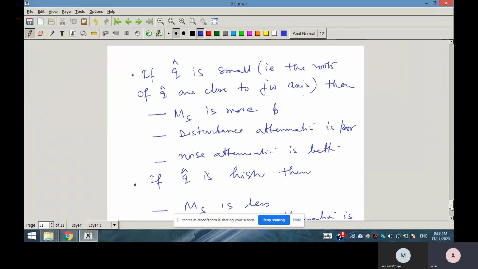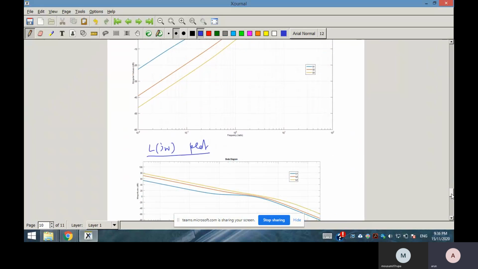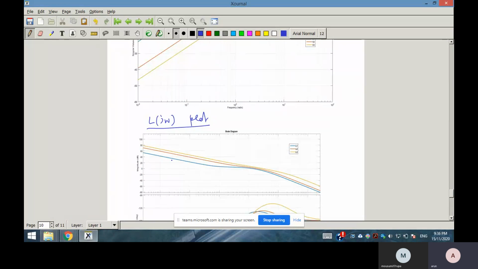Okay, so you can see the disturbance attenuation is also not too poor. It lies in between. So in this way, for a given practical system, you have to choose your Q hat. Okay.